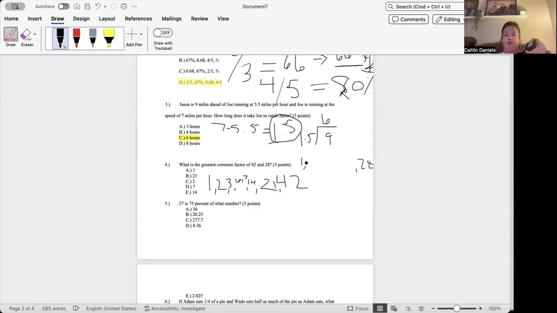So it's 2 and 14. All right. And then what else do we have? Does it divide by 3? No, it does not. Does 28 divide by 4? It does. 4 and 7.